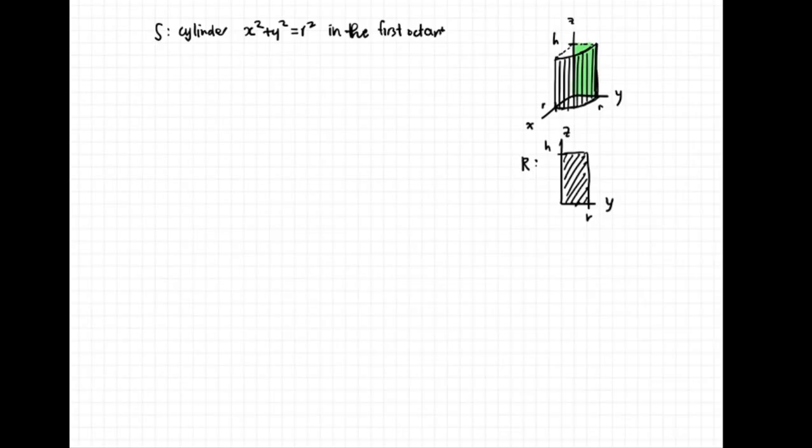And so now, since we're restricted in the first octant, X and Y are positive, X now can be written as the square root of R squared minus Y squared.